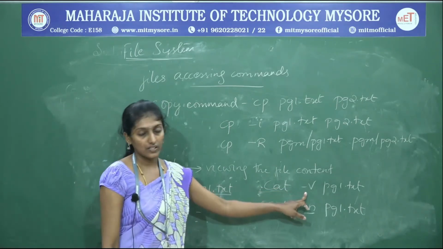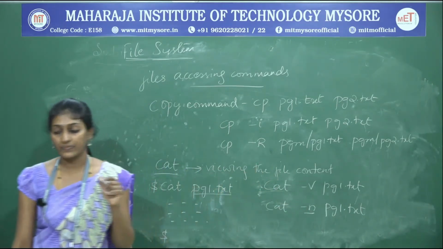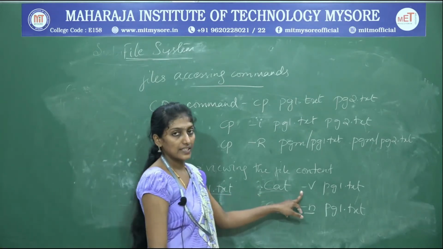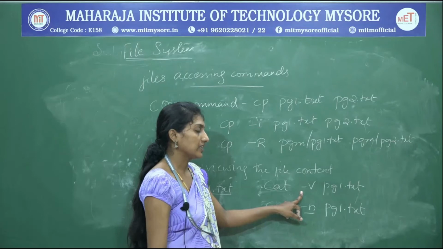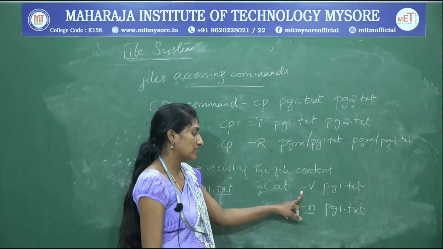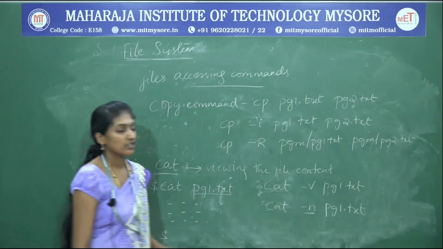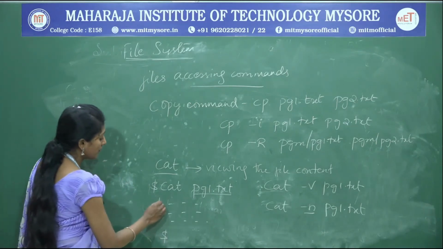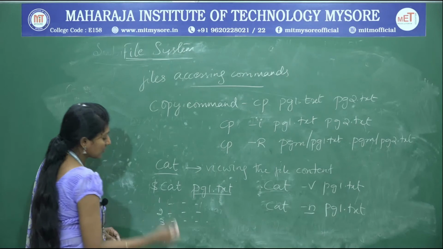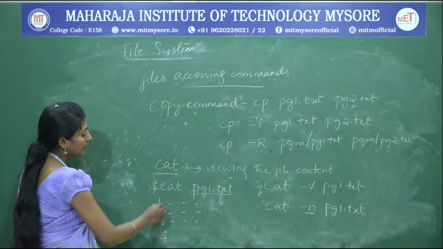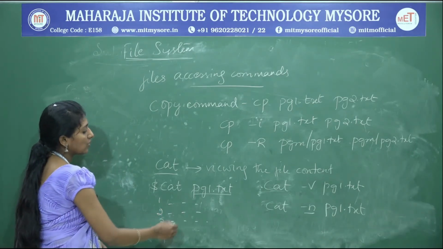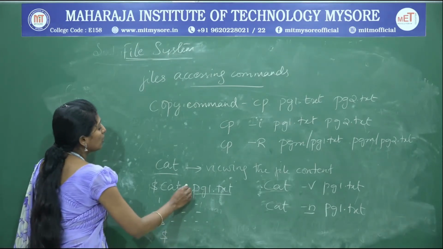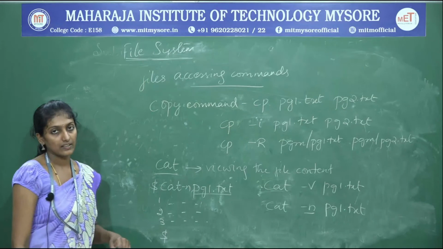So -v is used for displaying the non-printing characters within a text file, or any text file of a Unix file system. -n is for displaying the numbering. While displaying, the first line number, second line number, third line number will be prefixed to each and every line of that particular file. So this is how you will get the output if you use -n with the cat command.